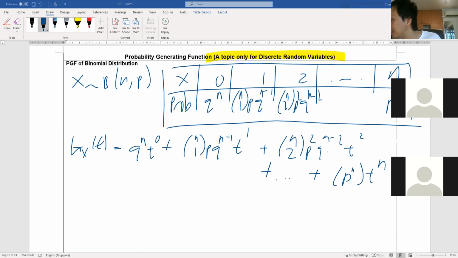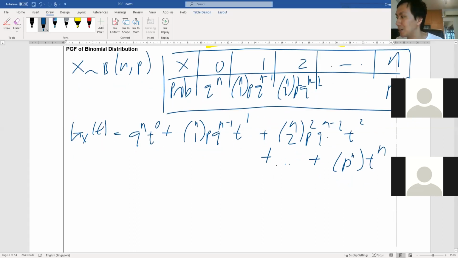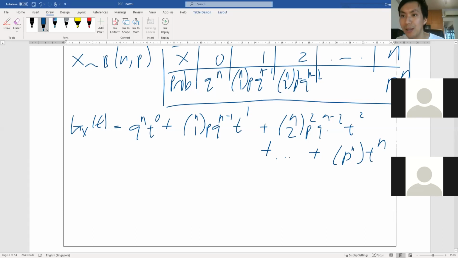So let me just see how to put it in a nicer form for you. Okay, so you can see that this is by definition of the construction, right? Okay, by looking at the table above here. All agree so far? Everybody can follow?